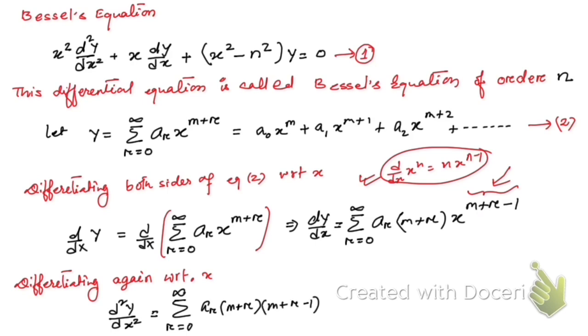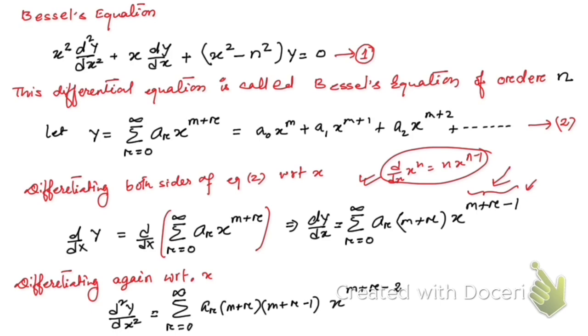Then the power on x is reduced by one more, so that is x to the power m plus r minus 2 now. Here it is m plus r minus 1, and if you reduce it by 1, it's going to be minus 2. Hope you have understood this.